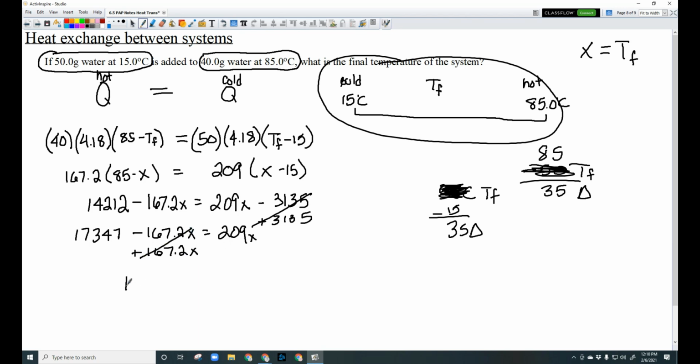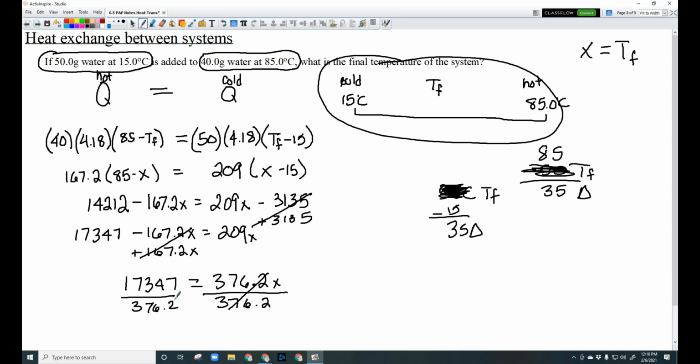So that's going to leave me 17,347 is equal to, all right, so 209 plus 167.2, that's going to be 376.2x. Okay, now to get rid of this so that we just have the x, I'm going to divide both sides by 376.2. Okay.